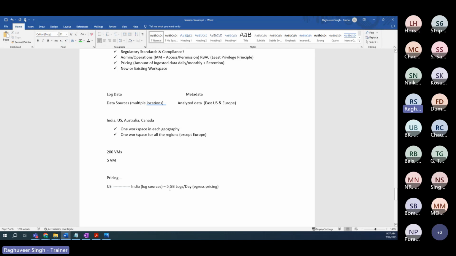Am I making sense, guys? Is it making sense? That what is the replication of keeping one workspace and then ingesting logs from all over the world except Europe in that workspace? This is the replication that you need to be aware of.